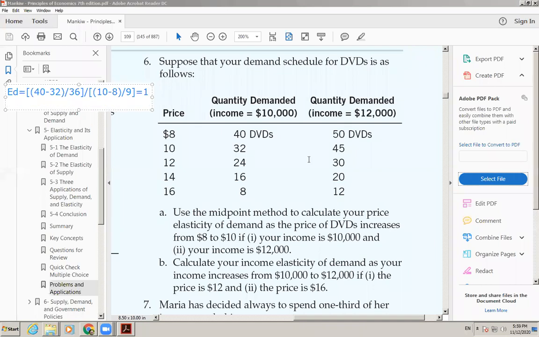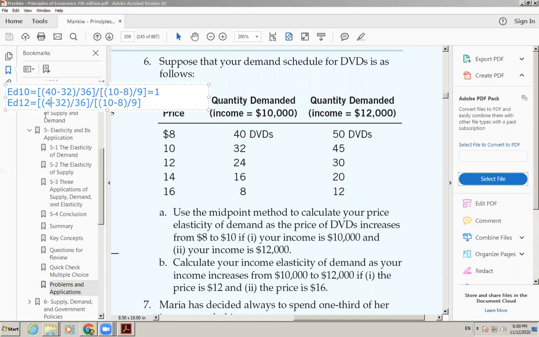But when your income is 12,000, let me write it like this: elasticity of demand at income 12,000. Let me just copy this. When your income is 12,000 and the price changes from 8 to 10, your quantity will change from 50 to 45.